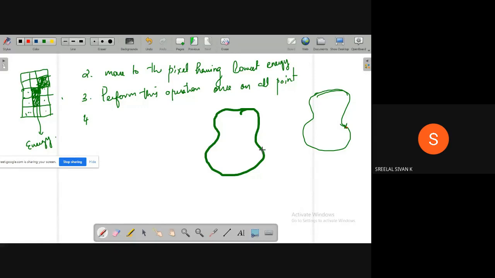We check the neighborhood pixels from this initial point, and whichever neighborhood pixel has the lowest energy, the snake will move to that pixel. In that way we complete that iteration. So this is known as refining the boundary.